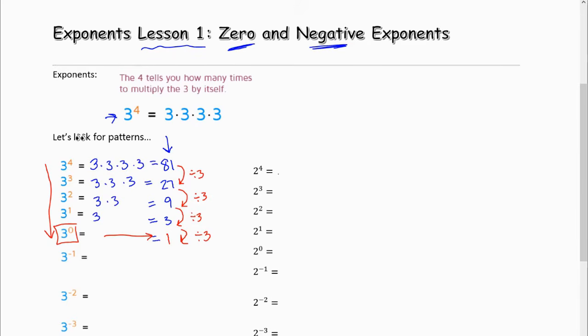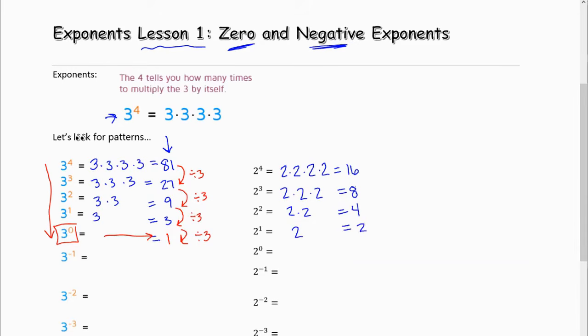Well, let's see if it works for the 2 also. So 2 to the 4th power is 2 times 2 times 2 times 2, and that is 16. 2 to the 3rd power is 2 times 2 times 2, that is 8. So it looks like we are dividing by 2 every time. 2 to the 2nd power is 2 times 2, that is 4. 2 to the 1st power is just 2.